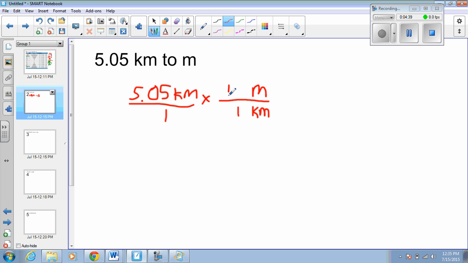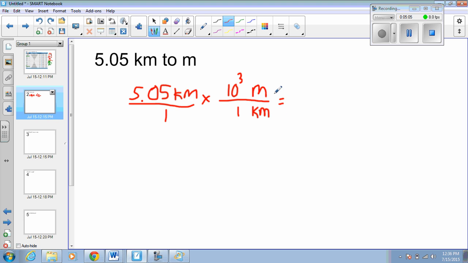I like to work with scientific notation because it becomes easier with more complex operations. So what's a kilometer? It's 10 to the third meters. So you're really just multiplying by this rate.